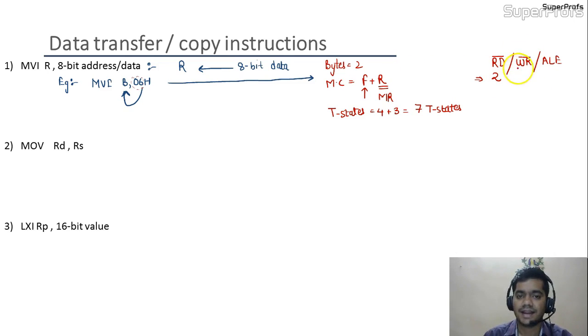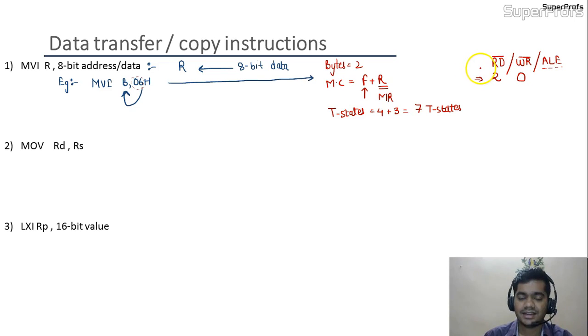Similarly, there is no write operation performed on the memory, so there would be no activation of the write signal. And what is ALE? Address latch enable. It means how many times we are accessing the address.